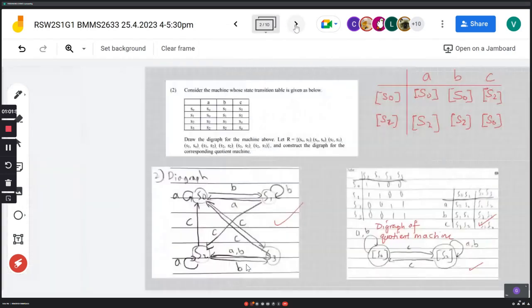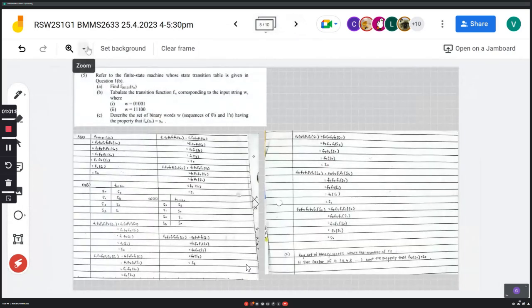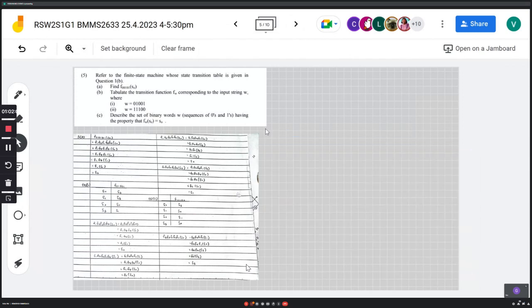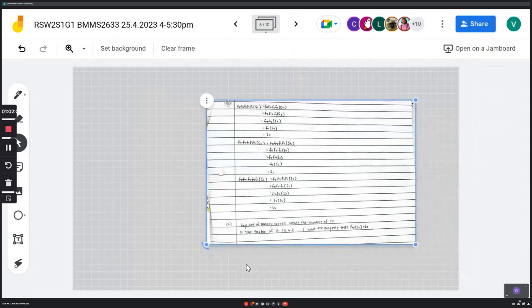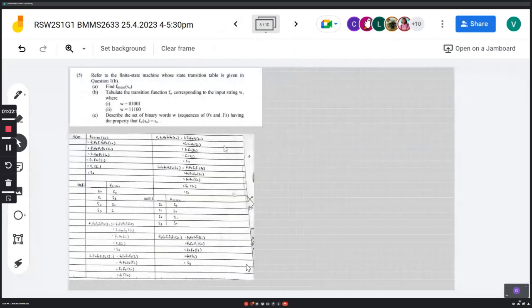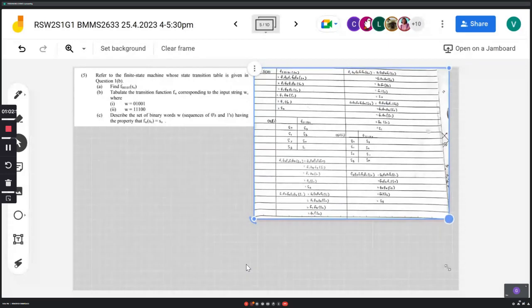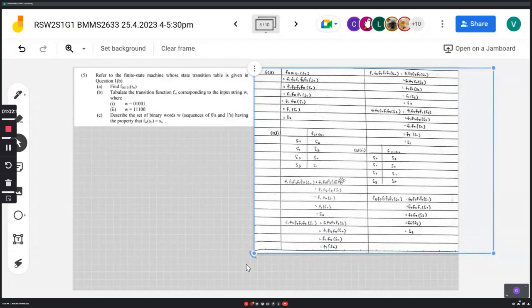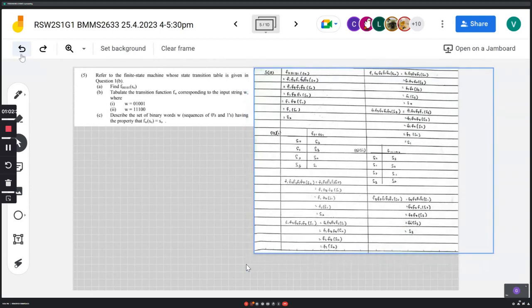That's why you see after the input 0, the table for the first question.